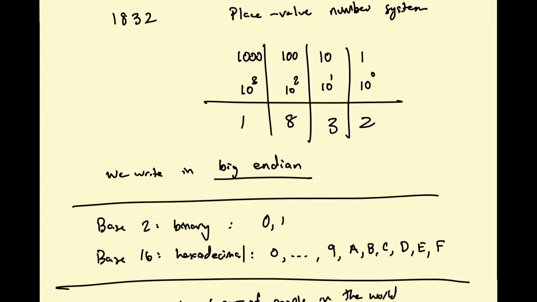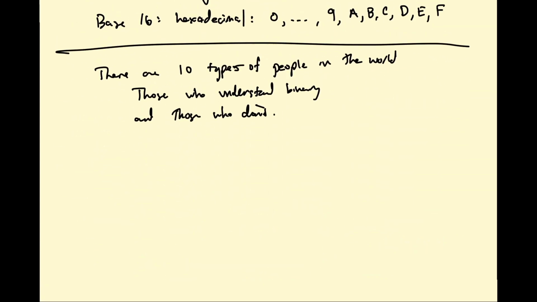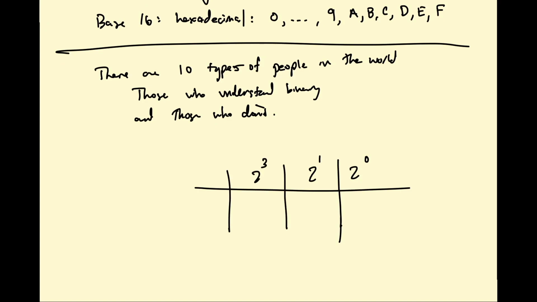In the same way that, what are the place values in base 10? What's the far right position? The ones place, or the 10 to the zeroth place, and then after that is the tens, hundreds, thousands, and so on, right? Well, it works exactly the same way, except this time, instead of being powers of 10, it's powers of 2.